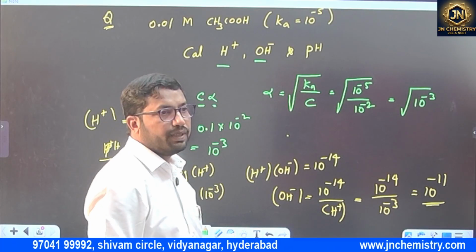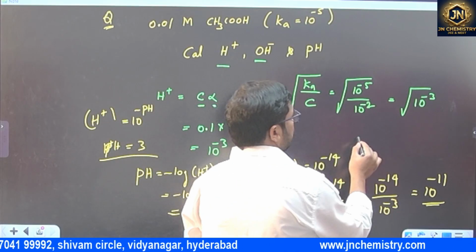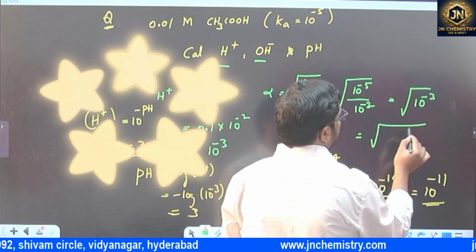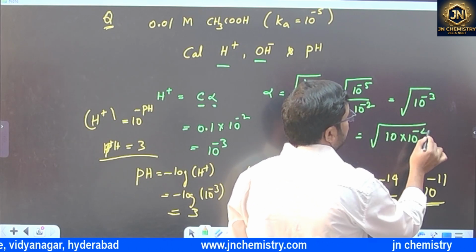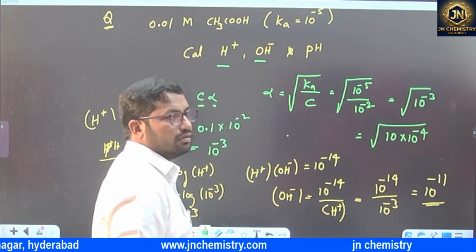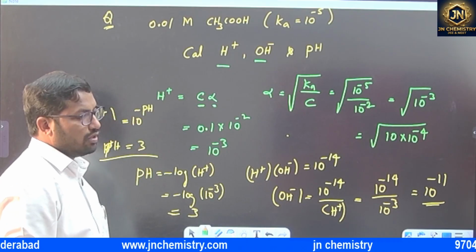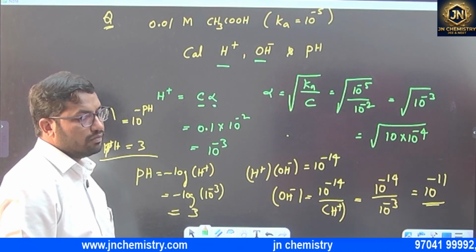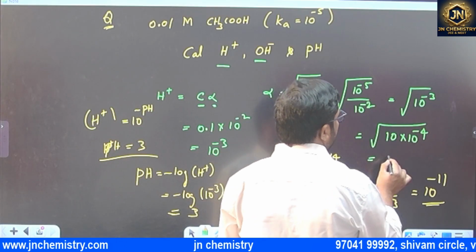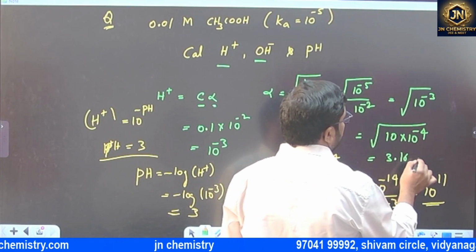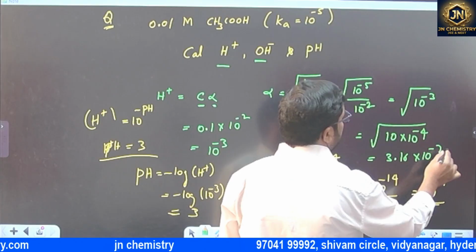So this 10 to the power of -3, how can we write it? This is very important. Can we write 10 into 10 to the power of -4? Root 10 is equal to how much? Root 10 is 3.16 into 10 to the power of -2.